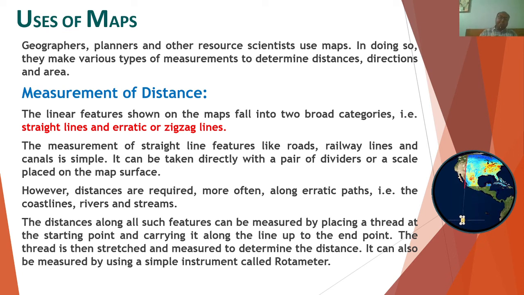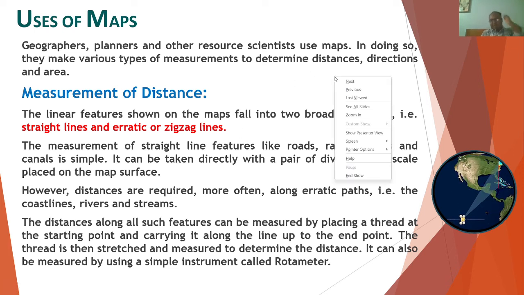So if I generalize all these aspects, the first use of maps is that geographers, planners and other resource scientists use maps in various ways. In different professional aspects maps are used, and the map plays a very important role.